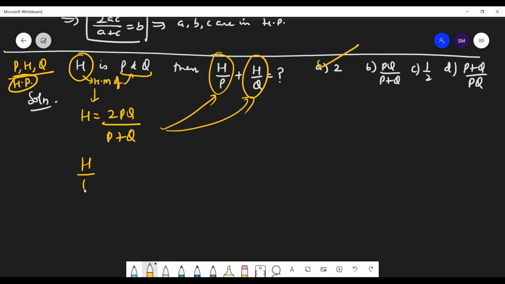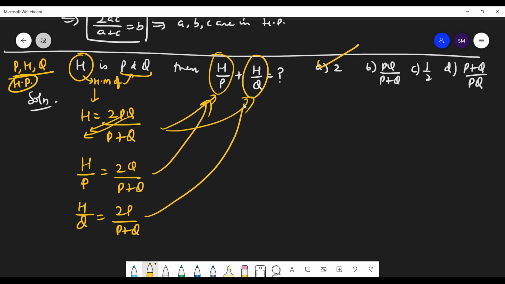So what is H by P equals to? So just bring this P this side. So 2Q upon P plus Q. What is H by Q? So now bring Q this side. So you will get 2P upon P plus Q. So put these both the values over here. Yes.